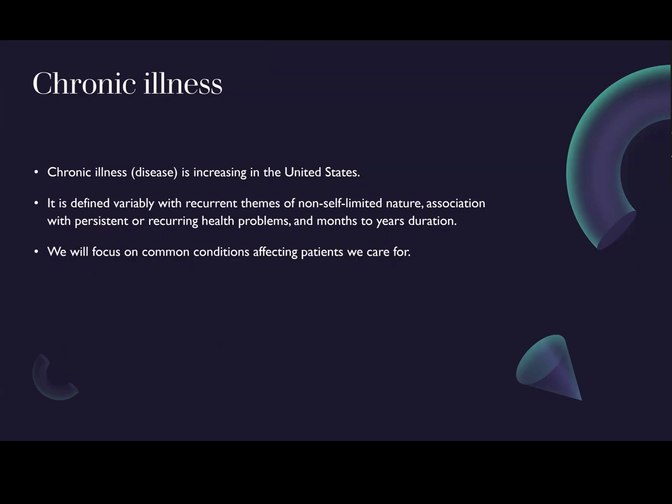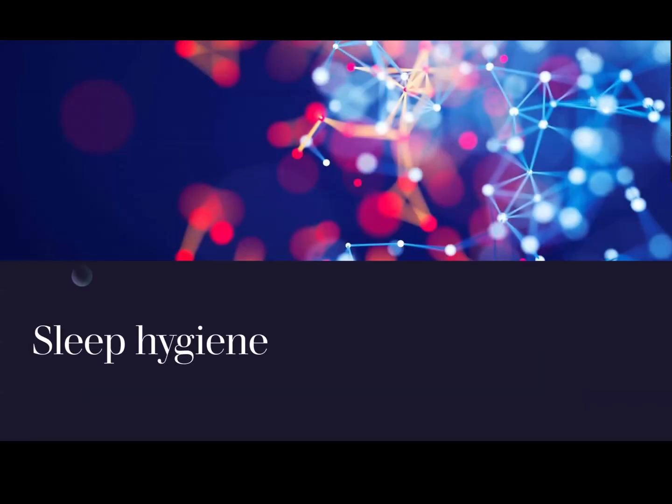It usually has multiple problems associated with it. It's not self-limited in its nature, and it's months to years in duration. A lot of chronic diseases can be treated very well, but not always cured. And so let's focus on some of that in a little bit.